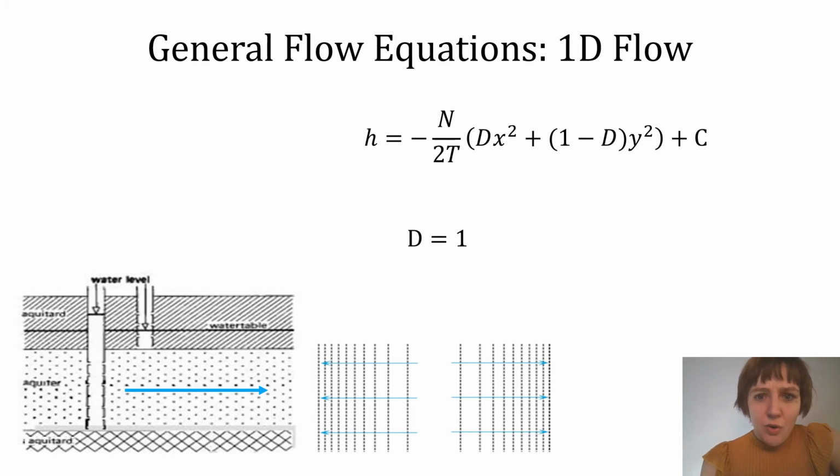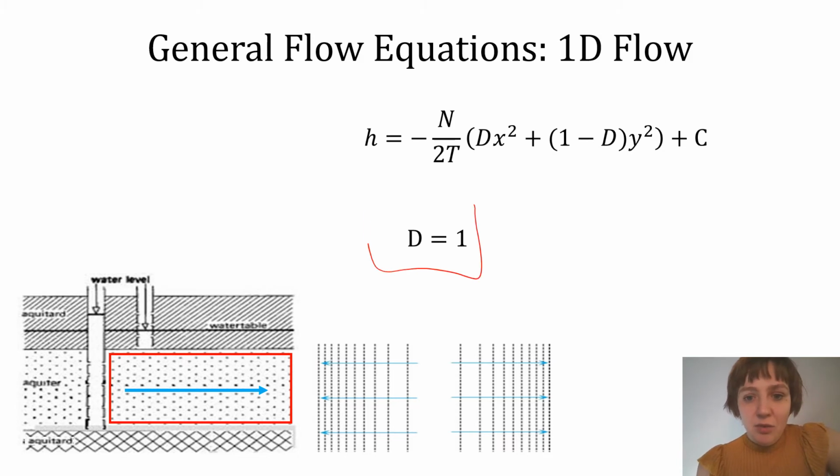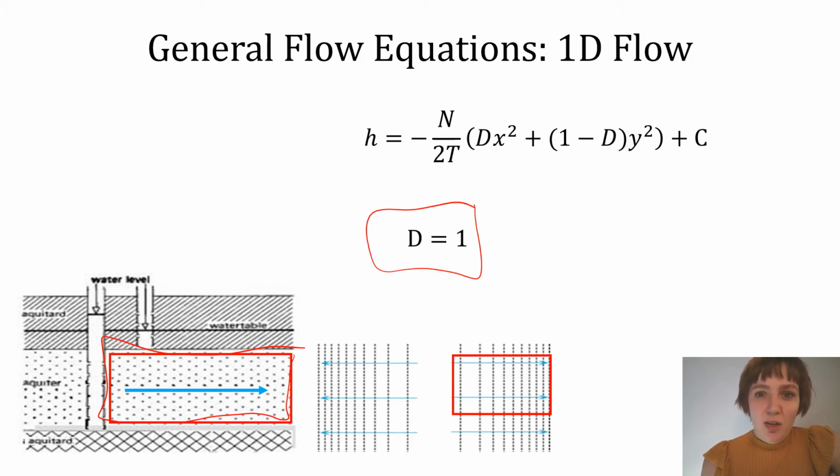So for example, if we have horizontal flow like is shown here, then this is represented by the case of D equals 1 because we can find this solution over in the geometry that described the D equals 1 case. So while the solution can describe bifurcations, it doesn't have to. All right, so for example, D equals 1 is the general solution for one-dimensional flow in the x direction.